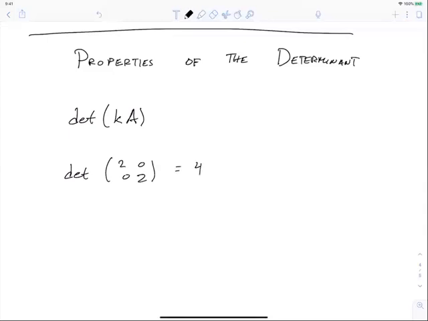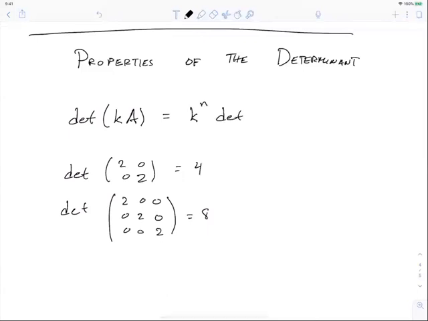And we can do the same thing with a 3 by 3 diagonal of 2's. And that turned out to be 8. And so the punchline here is that when you multiply the matrix by k, the determinant is going to multiply by k to the n times the determinant.